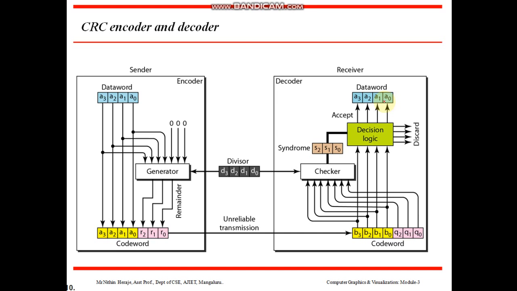What you see here is the CRC, cyclic redundancy check, encoder and decoder. The encoder is in the sender part: whatever data word you have, you encode it and send the data to the receiver end, where you have to decode and get back the original data.